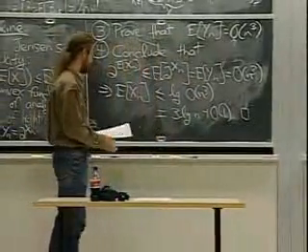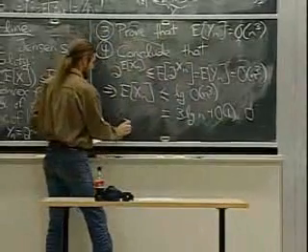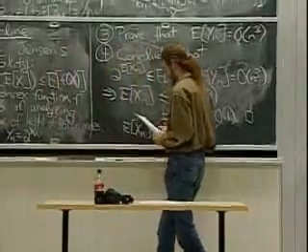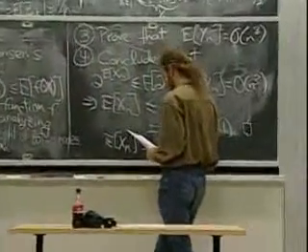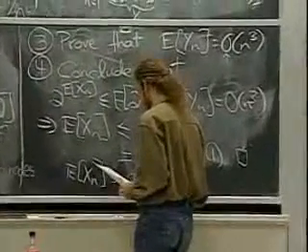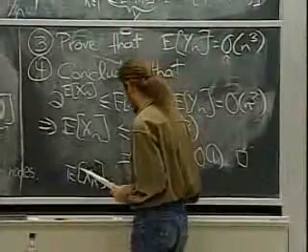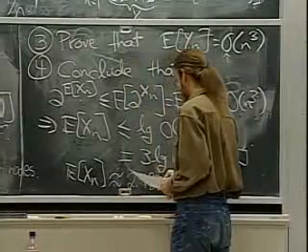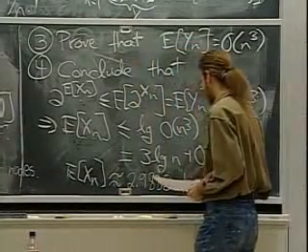In fact, the expected height of xn is roughly, I'll just say roughly, I don't want to be too precise here, 2.9882 times log n.